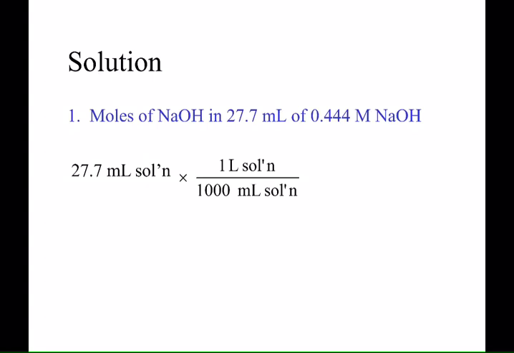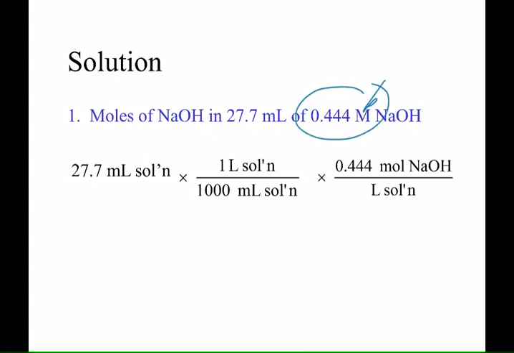Excellent. I'm going to ask you now, how can I use this information right here to have liters cancel and be left with units of moles of NaOH? And the answer is, dun dun dun, what I call the unflipped version of molarity. So we're unpacking that 0.444 M. I should never see an M when you're going to do this sort of calculation.